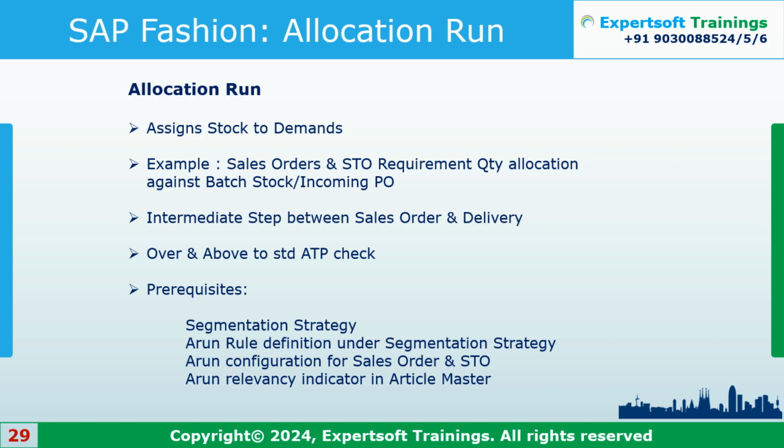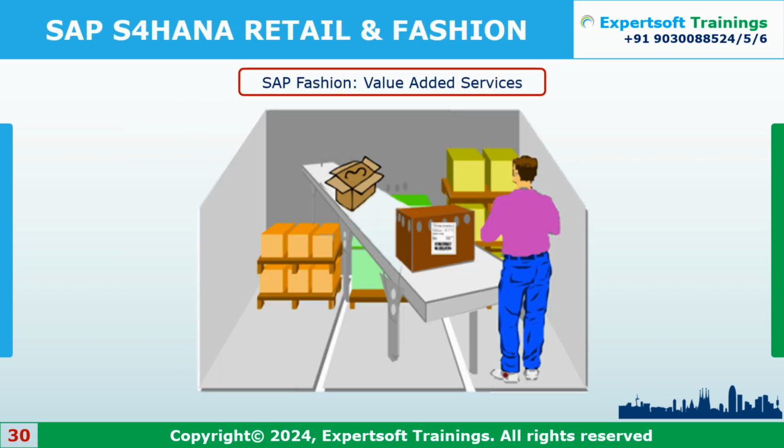And then this particular topic, value added service, is also very much prevalent in fashion. So this is basically your supplementary logistics service, also known as additional services, which can exist both in the MM and SD side.